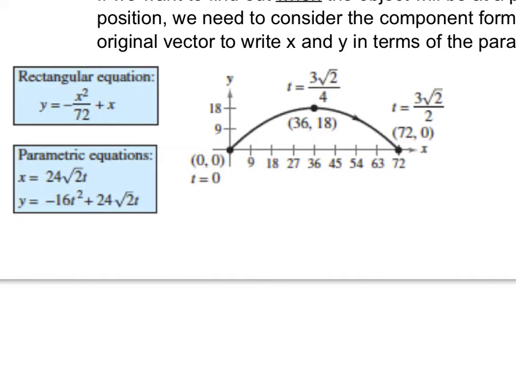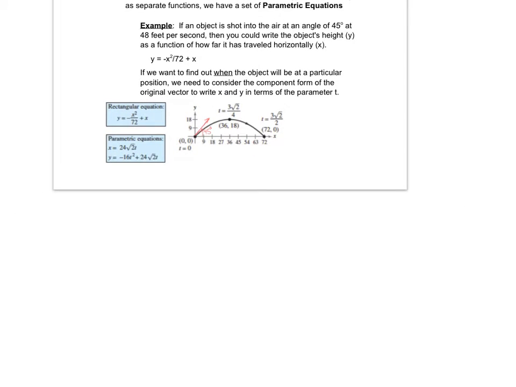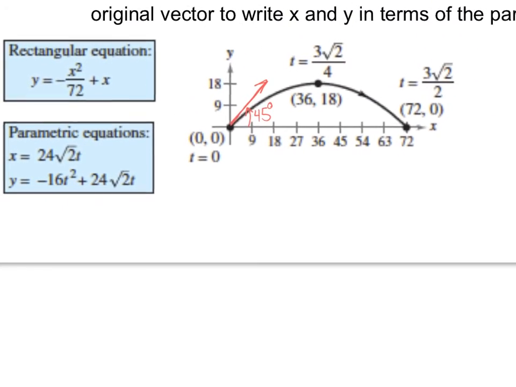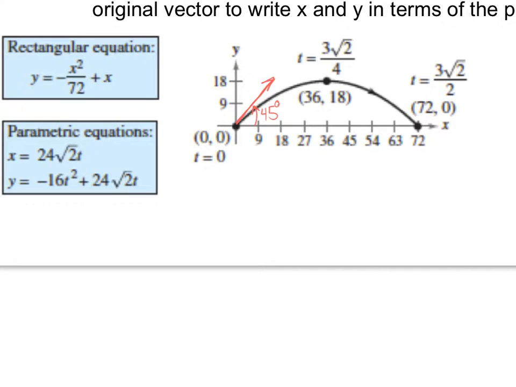But notice what the original condition of the problem was: something was shot up at an angle of 45 degrees, and it was 48 feet per second, FPS.